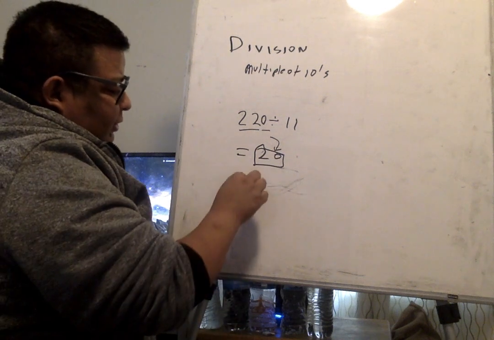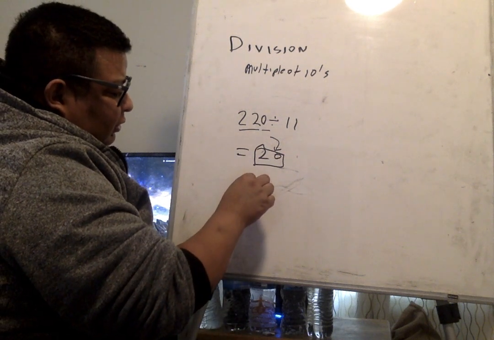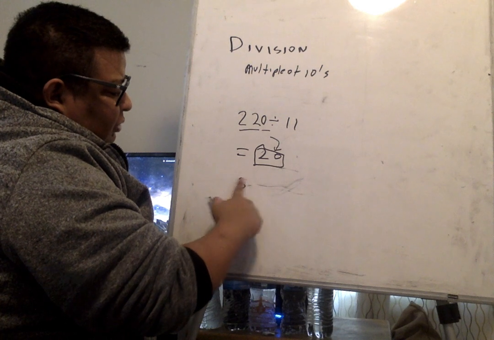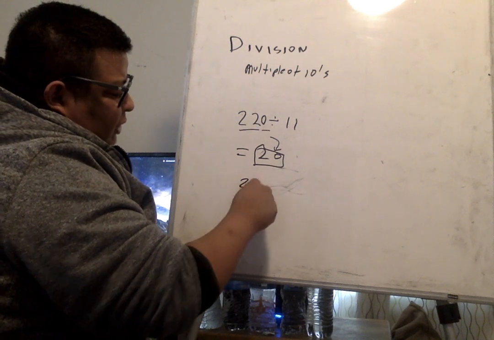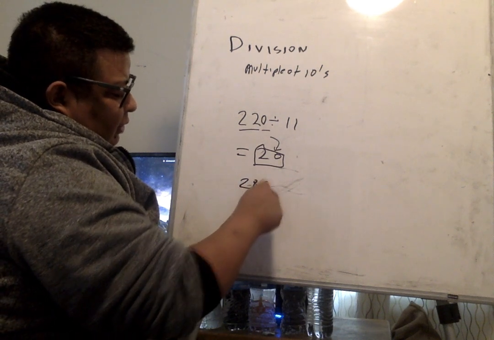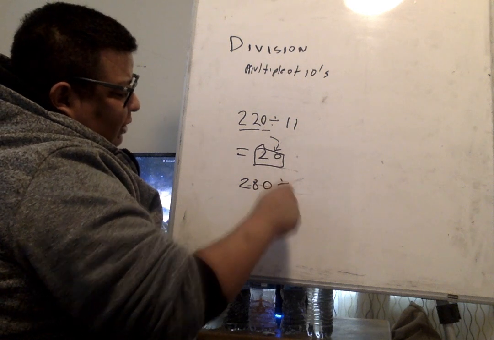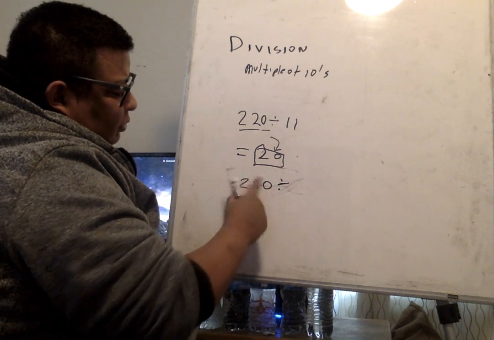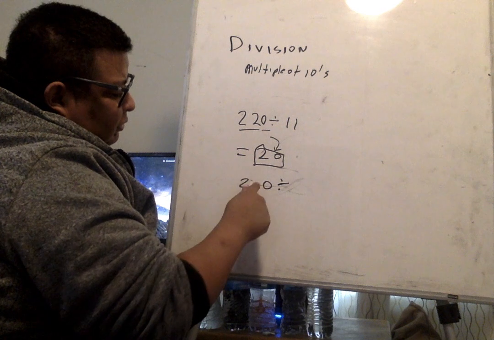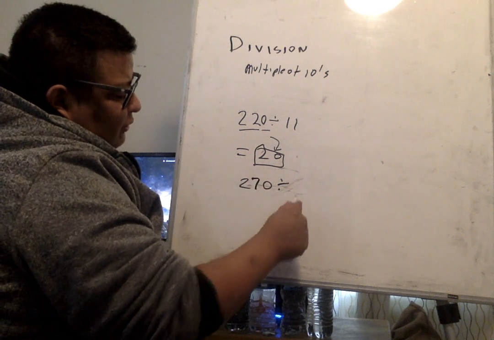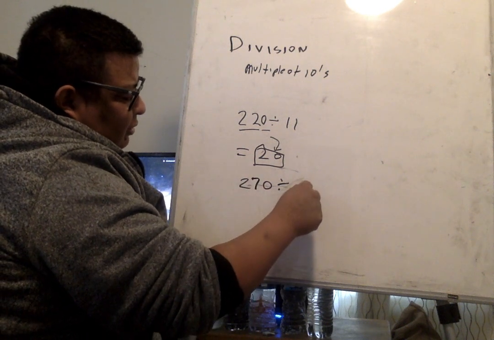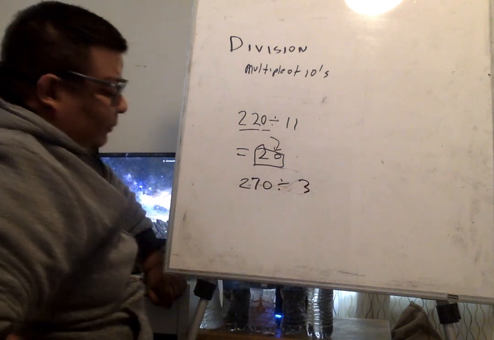We can do similar examples. Let's do 2270 divided by 3.